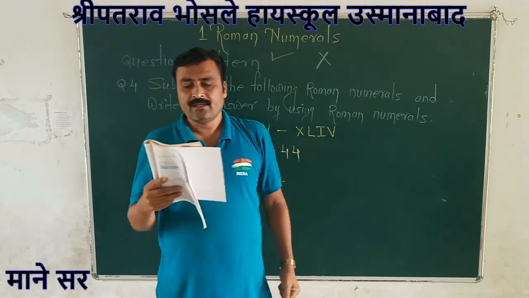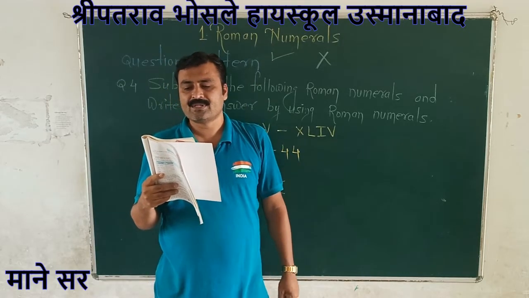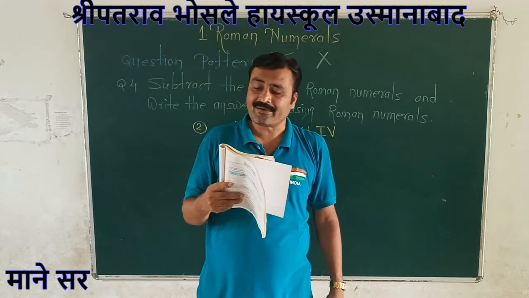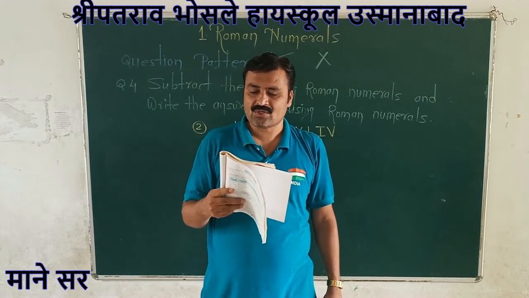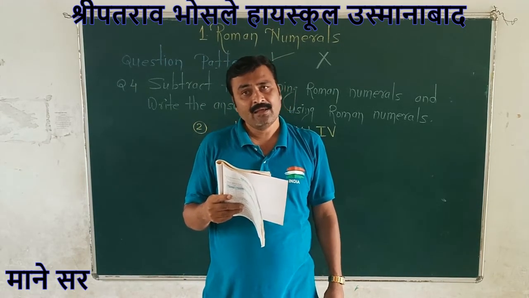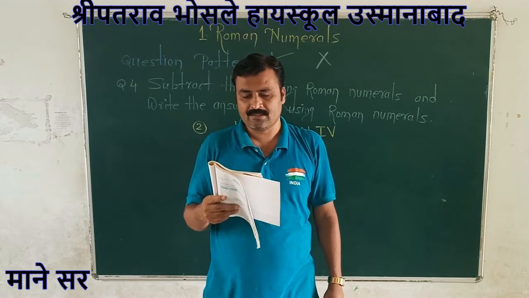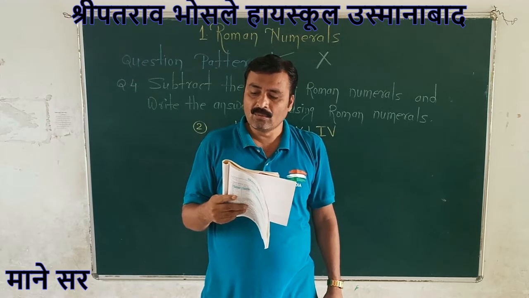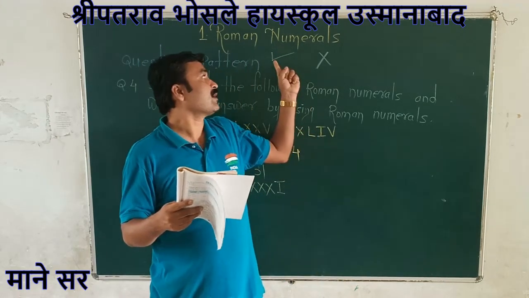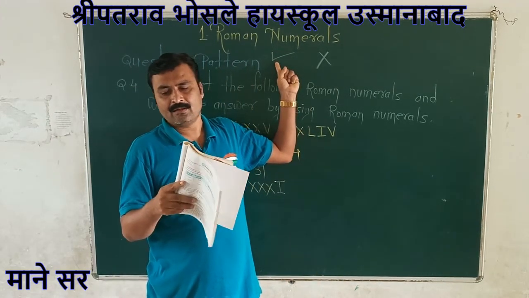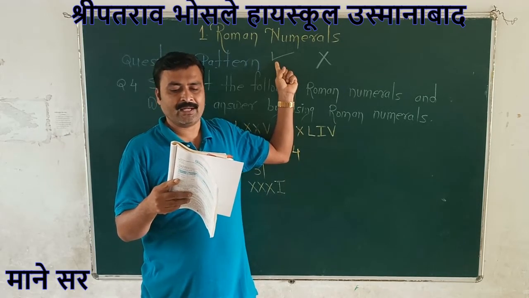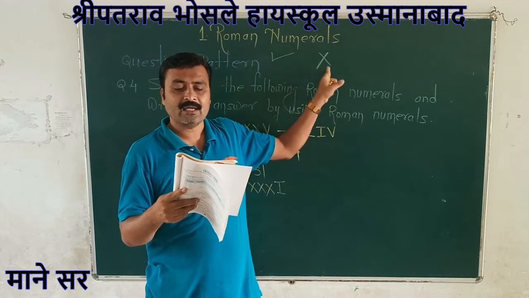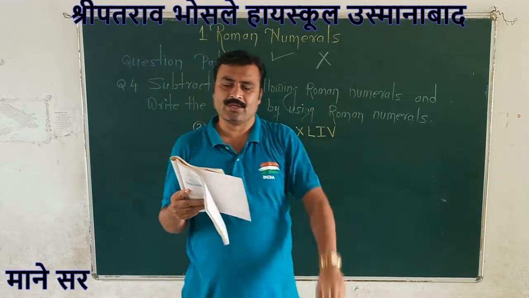The question reads here: in the table below, each given number is written in international number and again in Roman numerals. If it is written correctly in Roman numerals, put a correct sign in the box under it. If not, put a wrong sign and correct it.